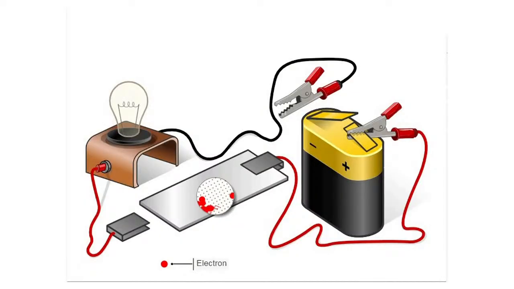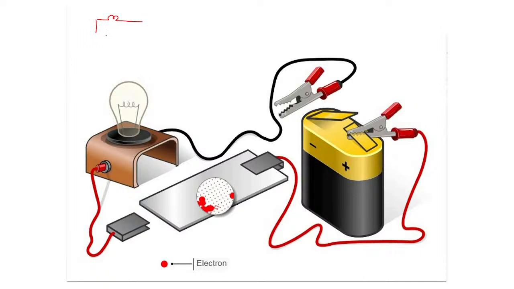Now that's an electric circuit. Now let us draw a circuit diagram for this electric circuit. So we have a bulb over here, which is represented like this.